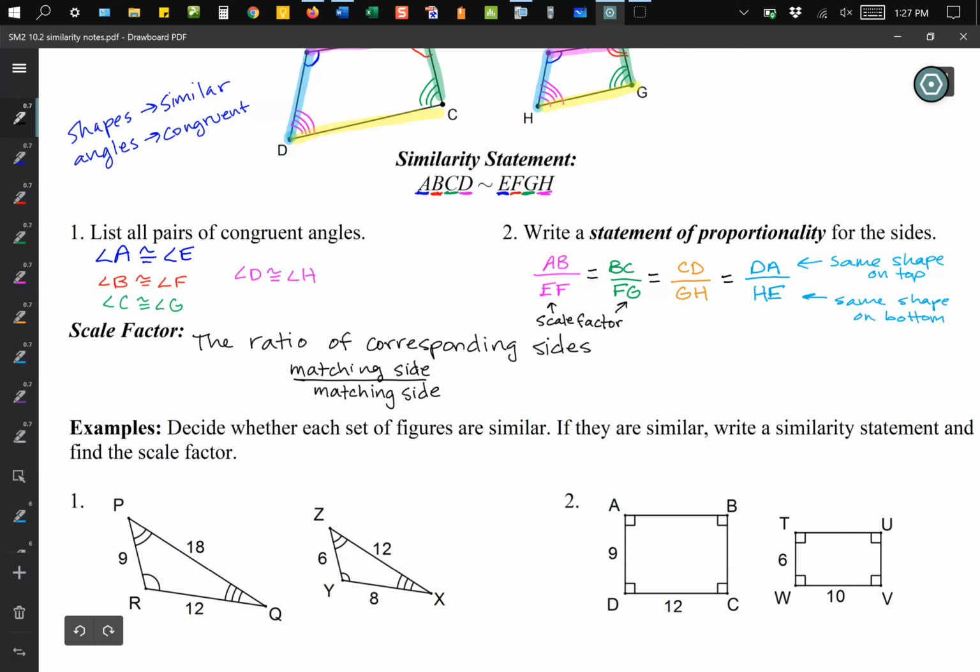They're all equal to each other. So they are all called the scale factor. It really just tells you how many times bigger or smaller the sides in one figure are than the sides in the other figure.